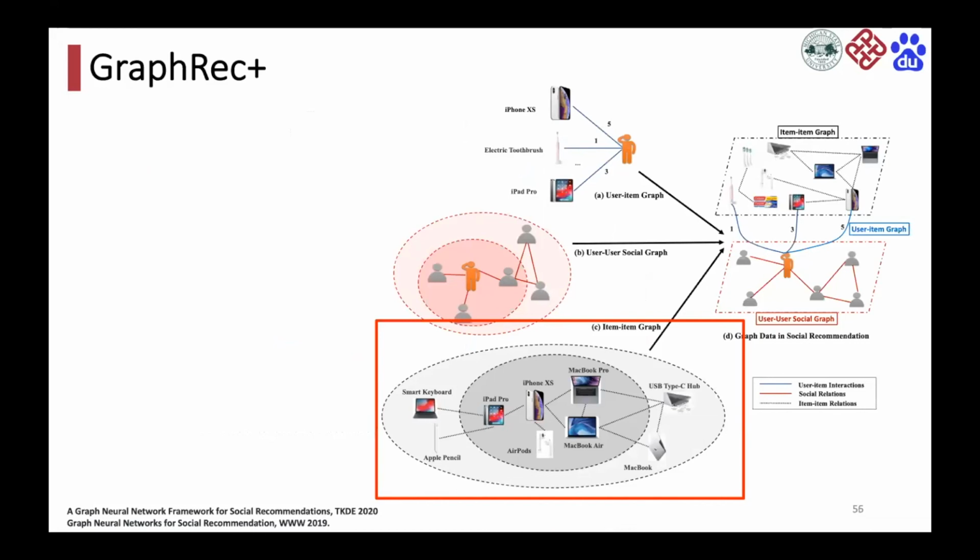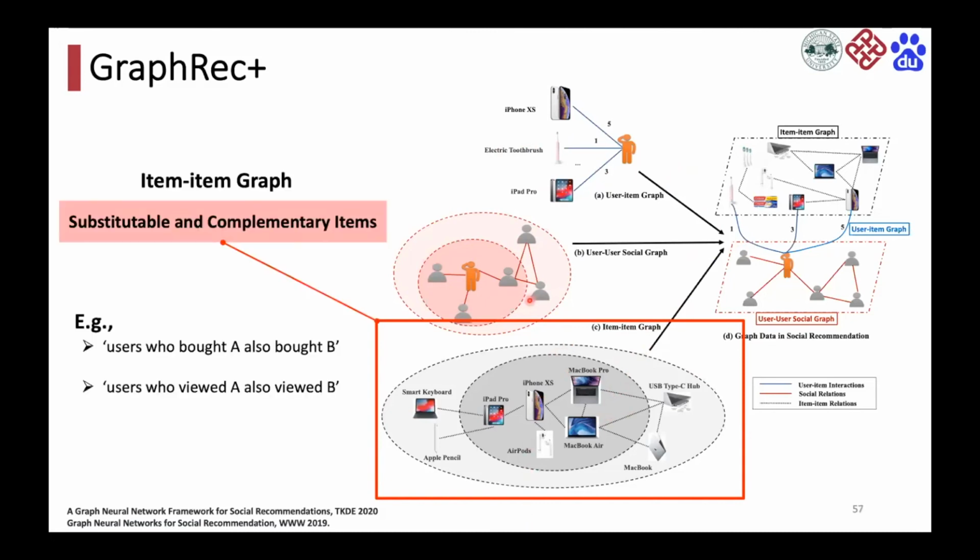Now, we have already introduced two categories of side information enhancement: using social relations to enhance the user representation learning, and using the item's internal knowledge to enhance the item representation learning. So here the question is, can we unify these two categories and have a more powerful recommendation method?